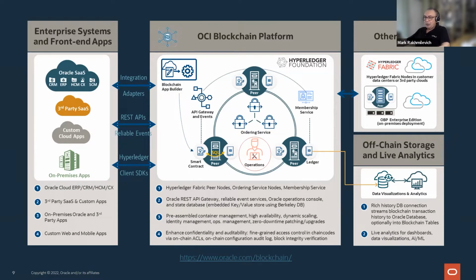But this is essentially a client that sends a transaction request, invoking one or more smart contracts, getting the responses, read-write sets back, and then sending those transactions, once they've been endorsed and signed by peer nodes, to the ordering service, where the ordering service is a cluster of ordering nodes that's responsible for grouping and sequencing those transactions into blocks, sending the blocks back to peer nodes, where they get verified and then appended to the ledger.